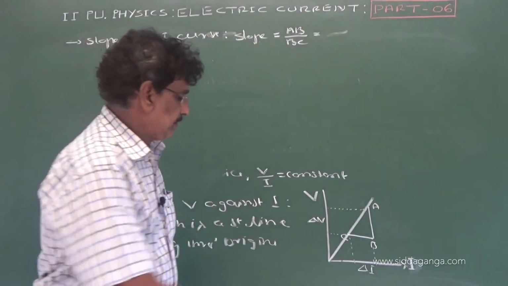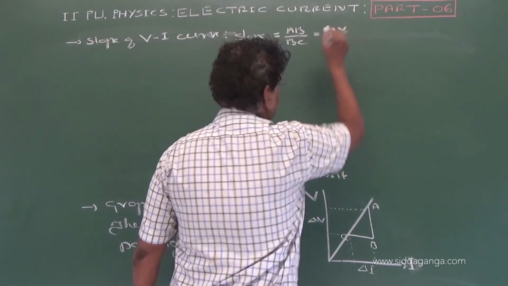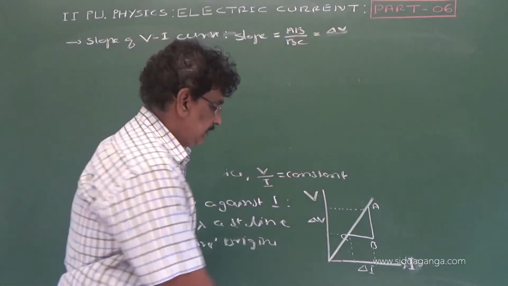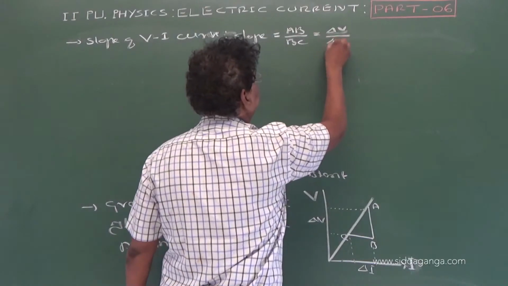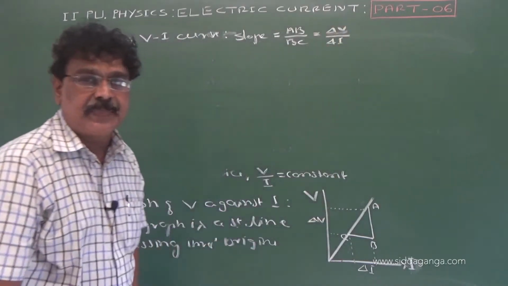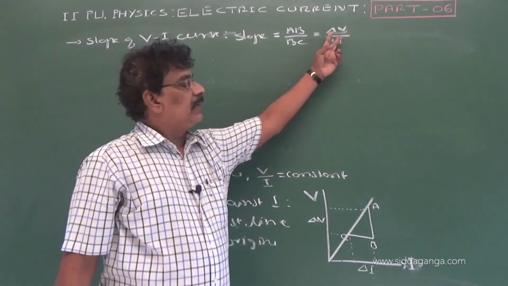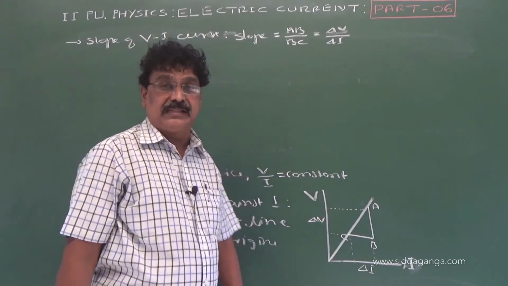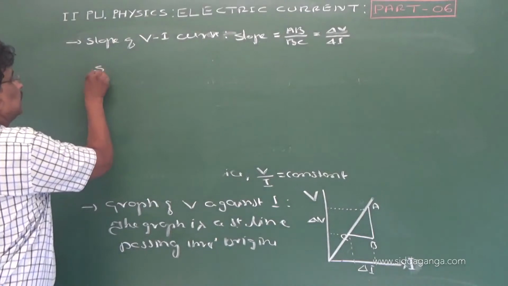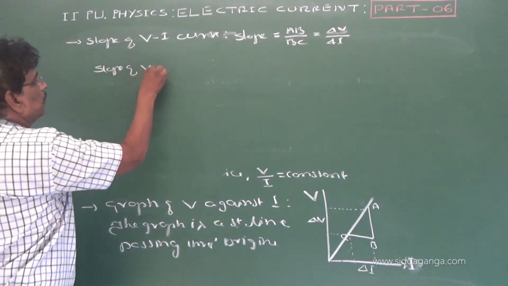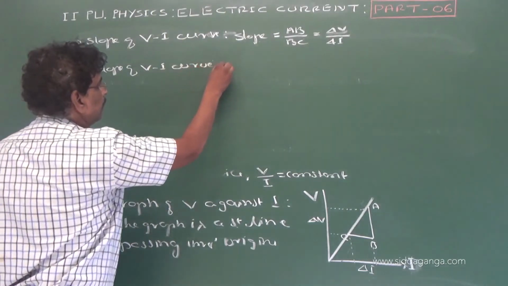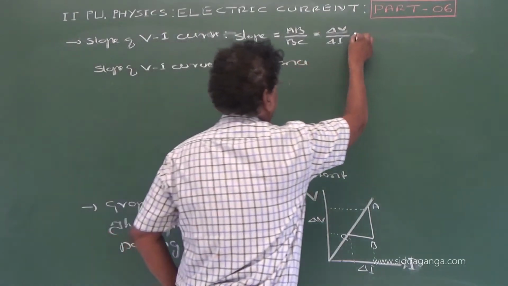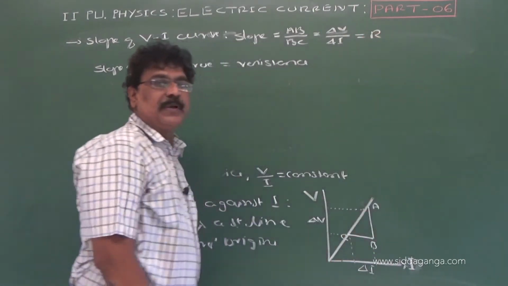AB represents delta V, the change in potential difference. CB represents delta I, the change in current. Now this ratio of change in voltage to change in current represents what? Resistance. Therefore, here the slope of the VI curve is equal to the resistance of the conductor, and this can be taken to be R.